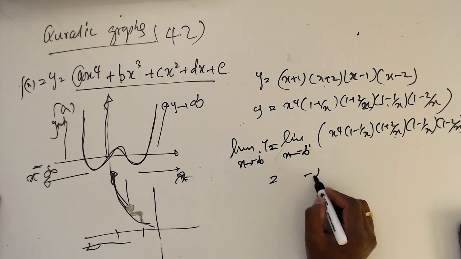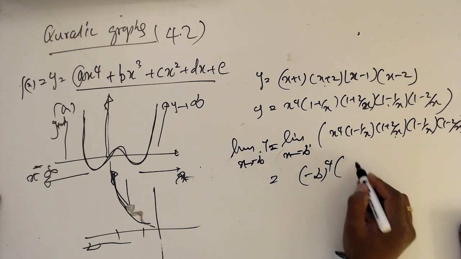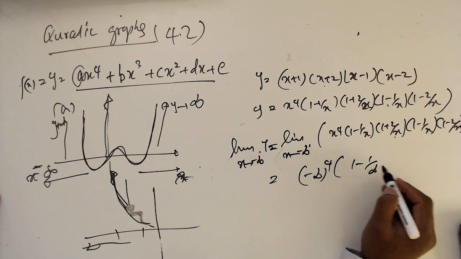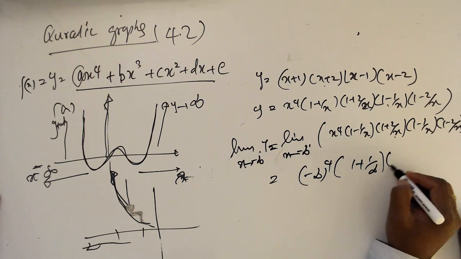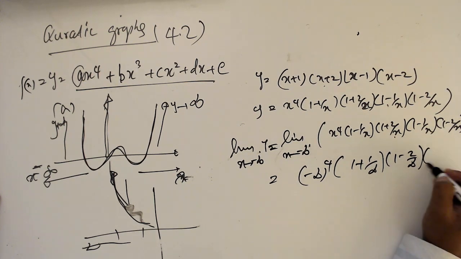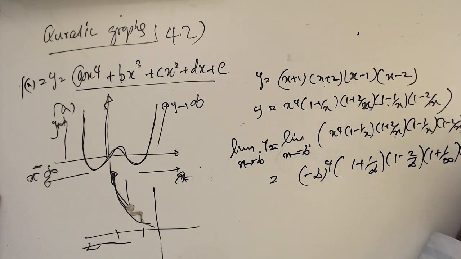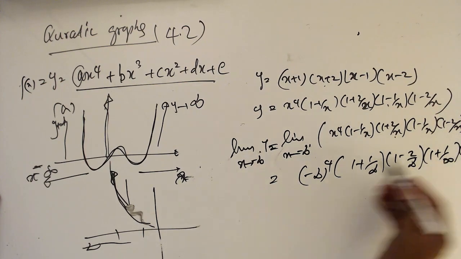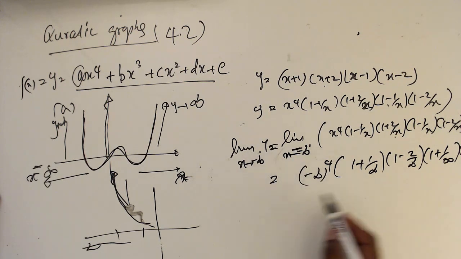So negative to the power 4 is positive, 1 minus 1 over negative infinity becomes positive, 1 minus 2 over negative infinity becomes negative, and this also becomes positive.